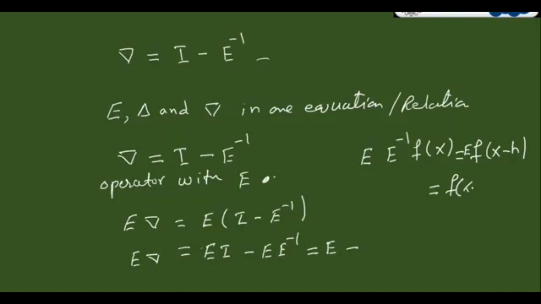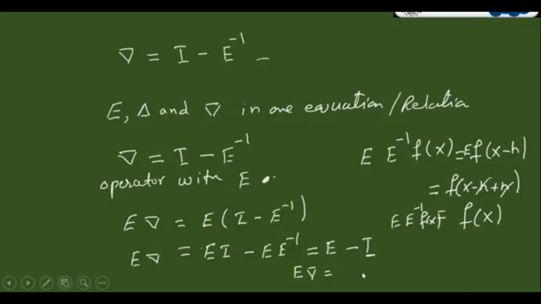So what we have here is E times the backward shift operator is equal to E minus the identity operator, but I do not want to write it down here. Let's go back in our lecture and try to find out what the E minus I operator is equal to. Let's go back.